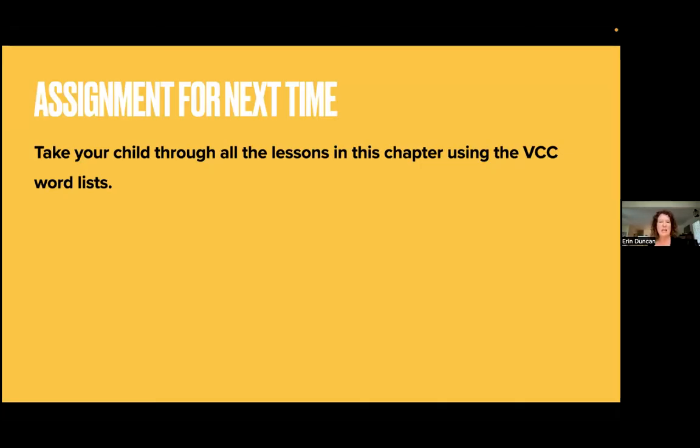When a student has about 80% of the sound pictures down, then it might be time to move on, right? You don't want to wait for 100% mastery. That's not a good lesson plan. But if they're not quite at 80%, maybe you want to repeat for a little bit before you move on. And when you move on, you will move on to the next word list, do the same lessons.